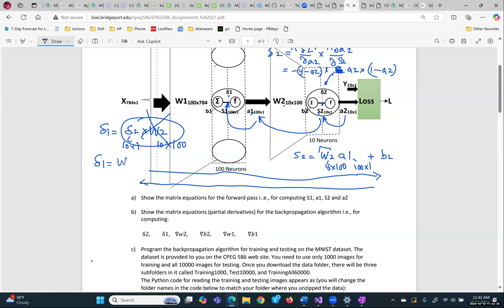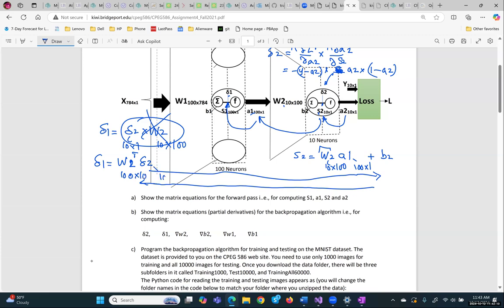Okay. What if I write W2 first, then delta 2? Okay, so what is W2? 10 by 100. Okay, how about if I do this? W2 transpose. So then this will become 100 by 10.